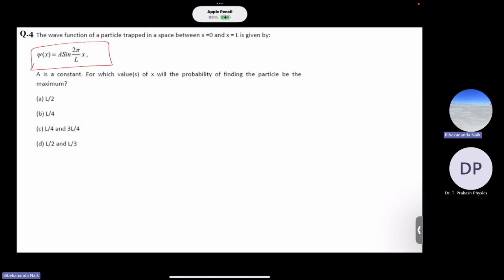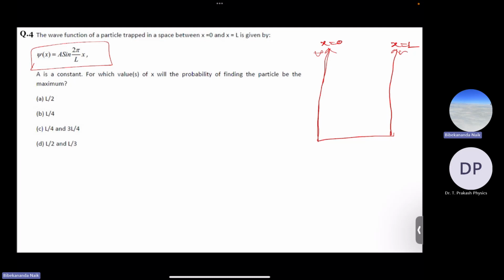The question says the wave function of a particle trapped in a space between x equals 0 and x equals L. Trapped means this is x equals 0, this is x equals L. The particle is trapped here, that is, at both these points the potential is infinite and here the potential is 0.